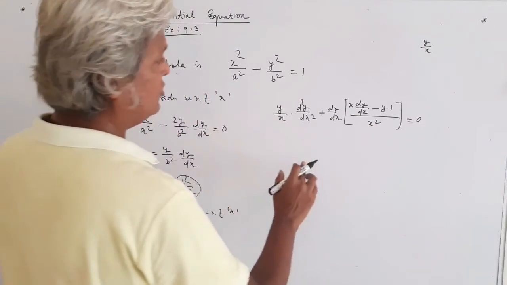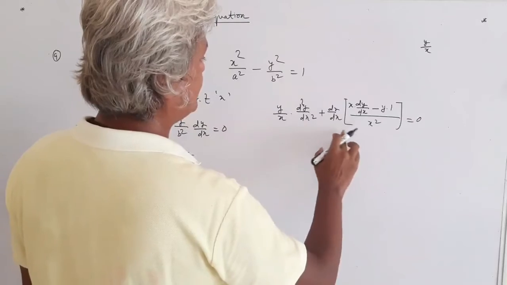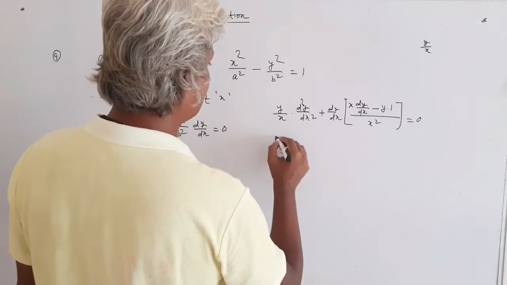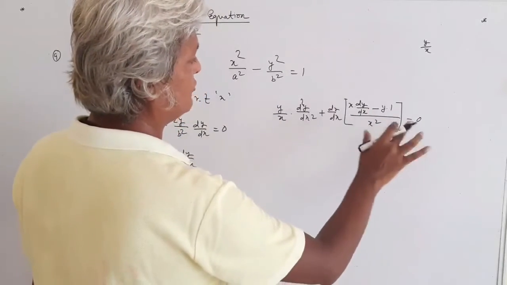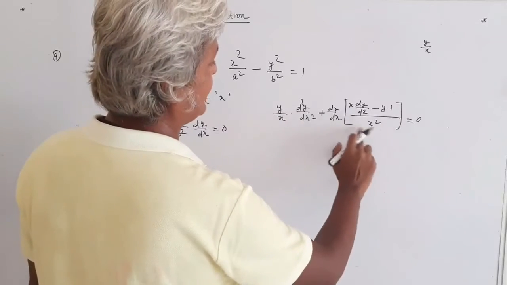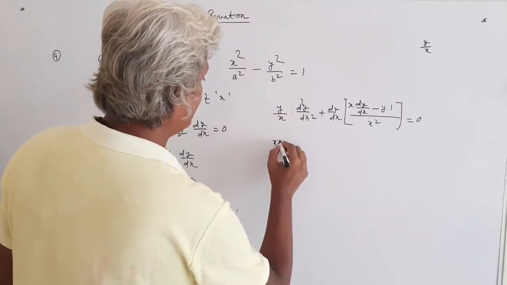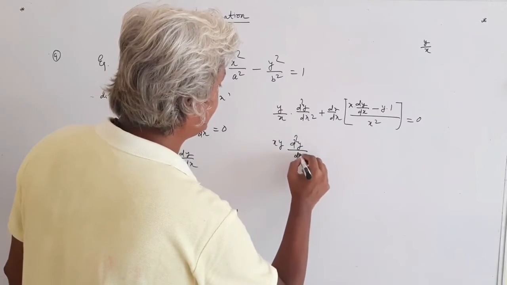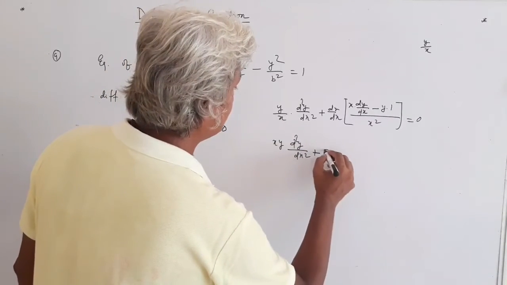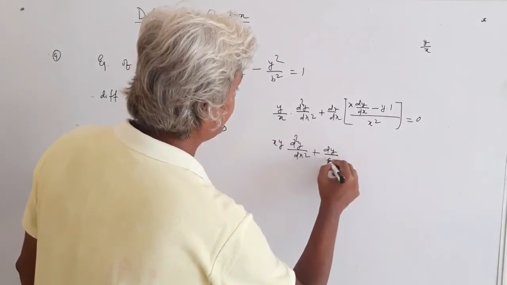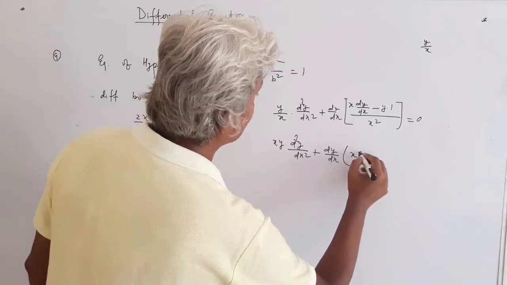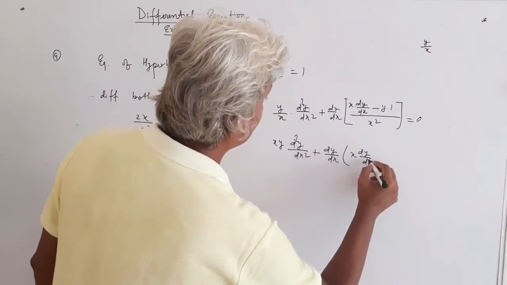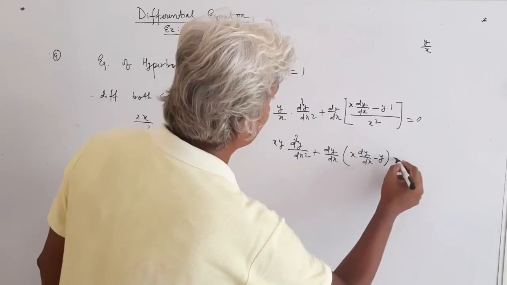So I can do that, there are many ways. I can multiply this whole equation first by x square, so this x square gets cancelled. So what you get is xy d square y over dx square plus x dy by dx minus y equals 0.